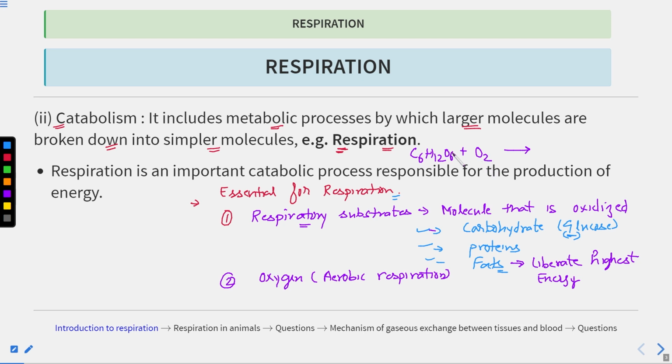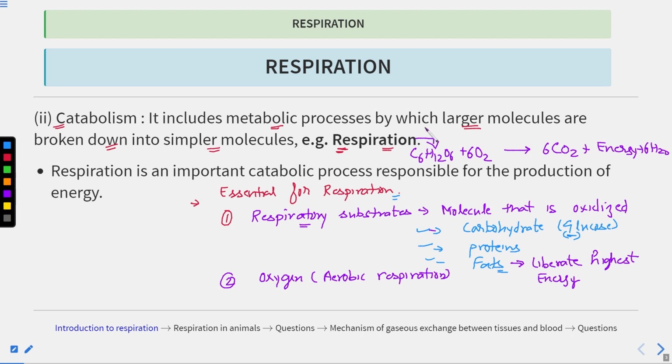When it combines with oxygen, oxidation of the glucose molecule takes place. Carbon dioxide is formed, energy is released, and water is also released during this process. If you want to balance this equation, it is 6O2, 6CO2 and 6H2O. So this is the equation for respiration.